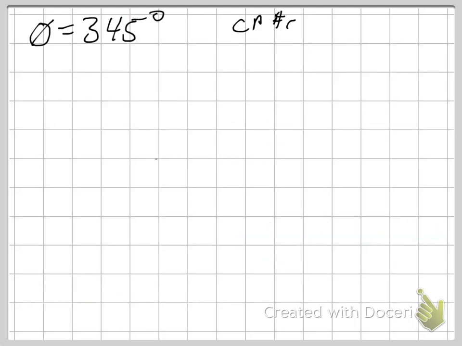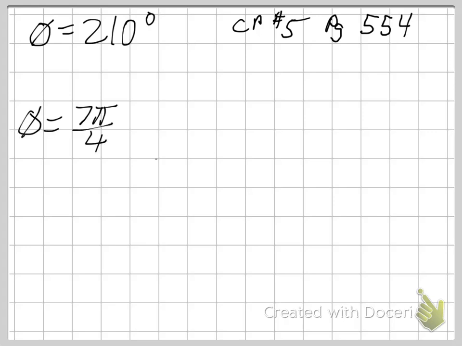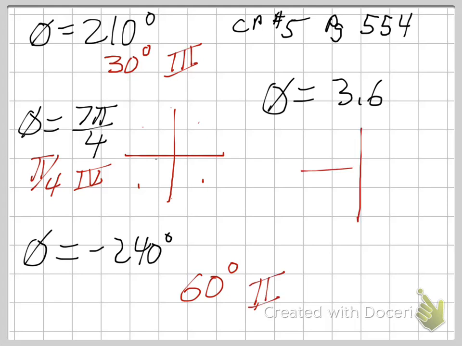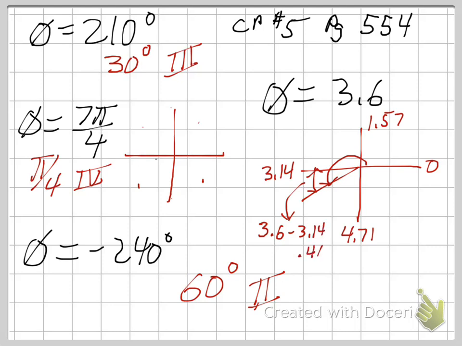All right, welcome back. Let's take a look at checkpoint number 5, see how we did. We have 3 different angles that we have to deal with here. And this is how we figured out the answers for each. 210 turns out to be a 30-degree angle in quadrant 3. 7 pi over 4 turns out to be pi over 4 in quadrant 4. 240 degrees is a 60-degree angle in quadrant 2.